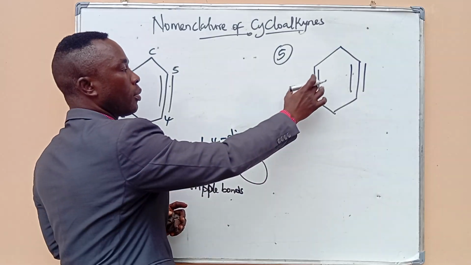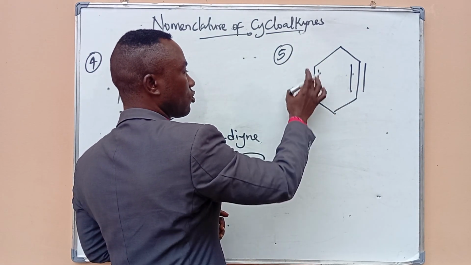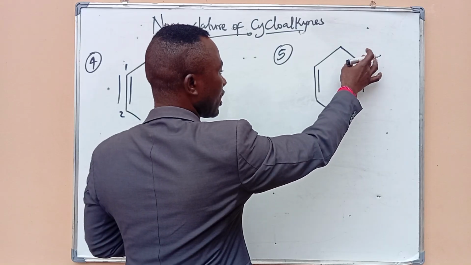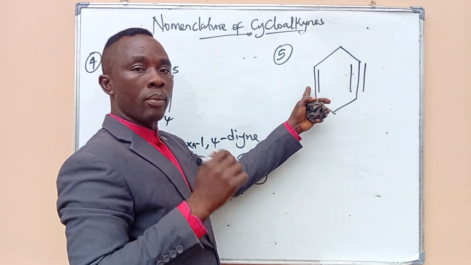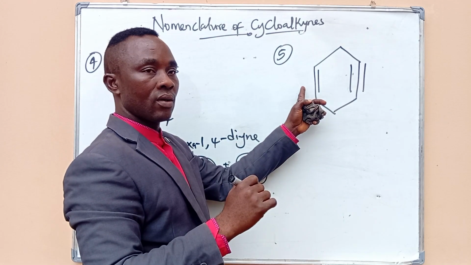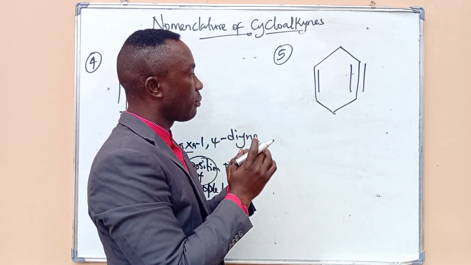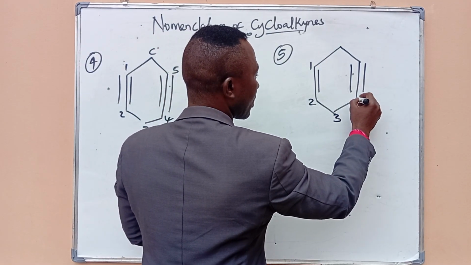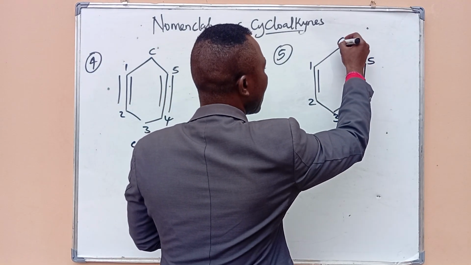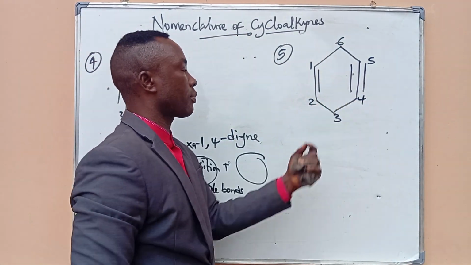The double bond will always take 1, 2, or the triple bond will take 1 and 2. But we are giving the double bond the preference. We number to give the double bond the least possible number. So if here is 1, here becomes 2, here becomes 3, here is 4, here is 5, and here is 6. So that is how to number when you have double bond and triple bond.